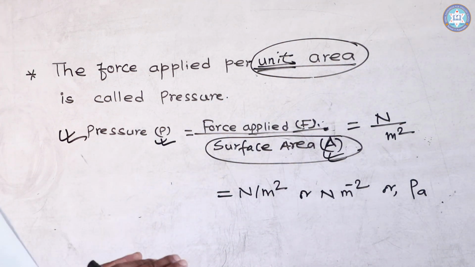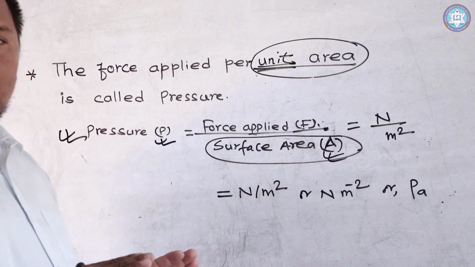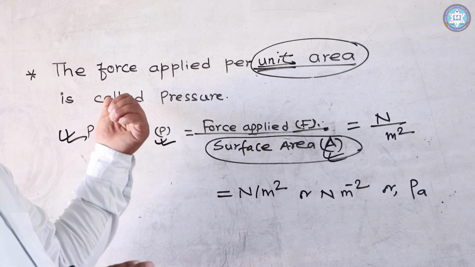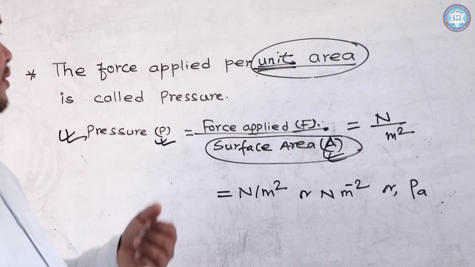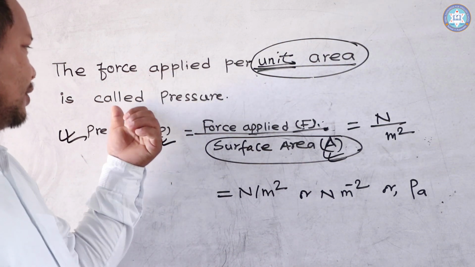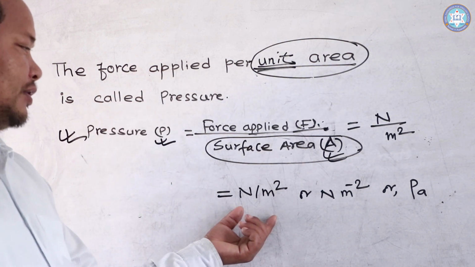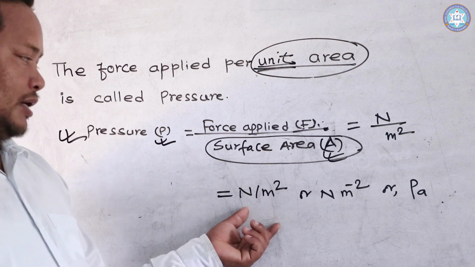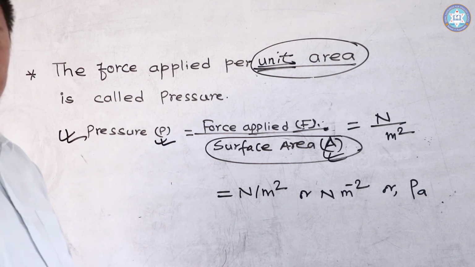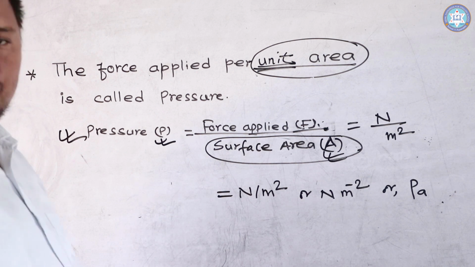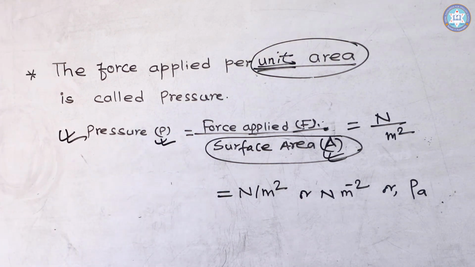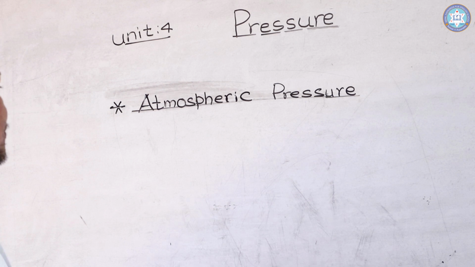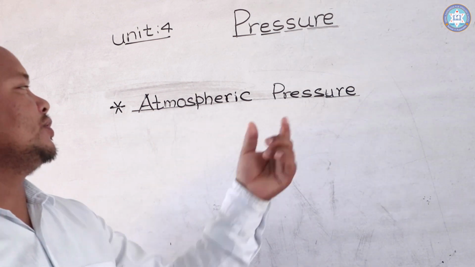So till now we have learned about the formula of pressure, definition of pressure and unit of pressure. After this I am going to describe the atmospheric pressure.